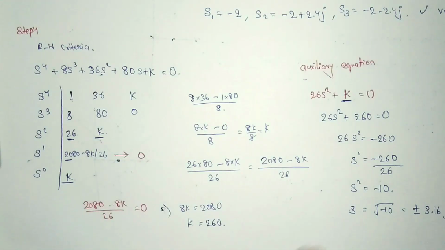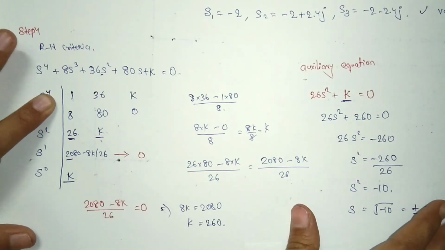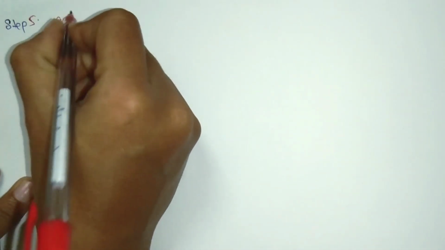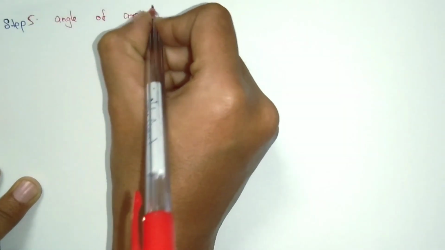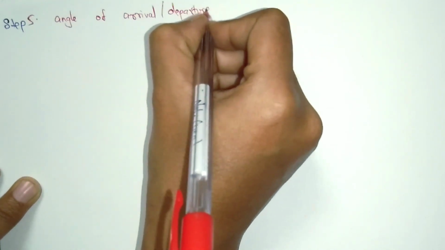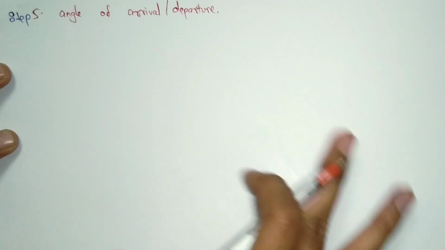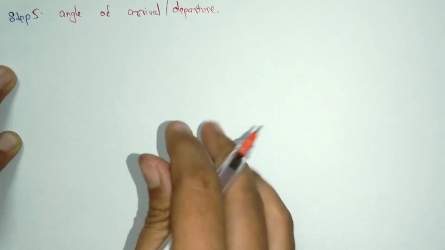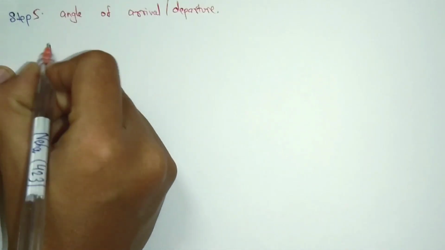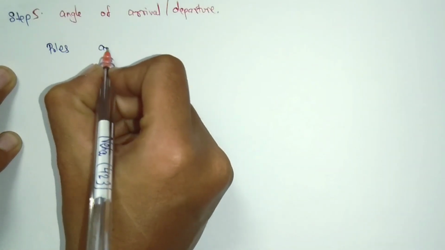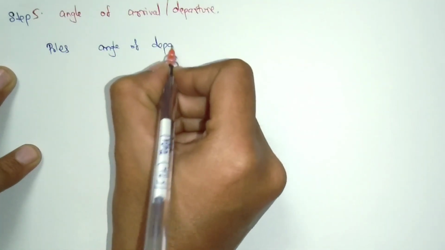Now for the next step we will calculate the angle of departure and angle of arrival. So how to decide whether to calculate the angle of arrival or the angle of departure? If you see any imaginary part with a pole, then you have to calculate the angle of departure.